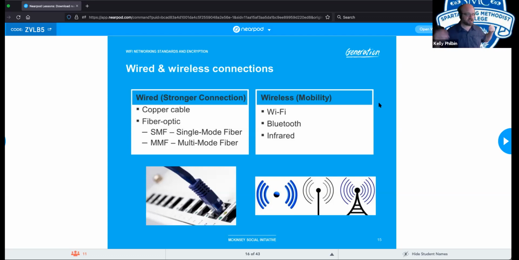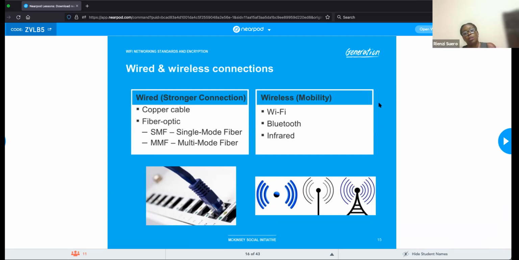When you go into schools and offices, they may have Wi-Fi as well, and they're able to incorporate that within the Ethernet network, the LANs. So they will have both incorporated in a singular network. Do you have something to add, Avery? No, not right now.